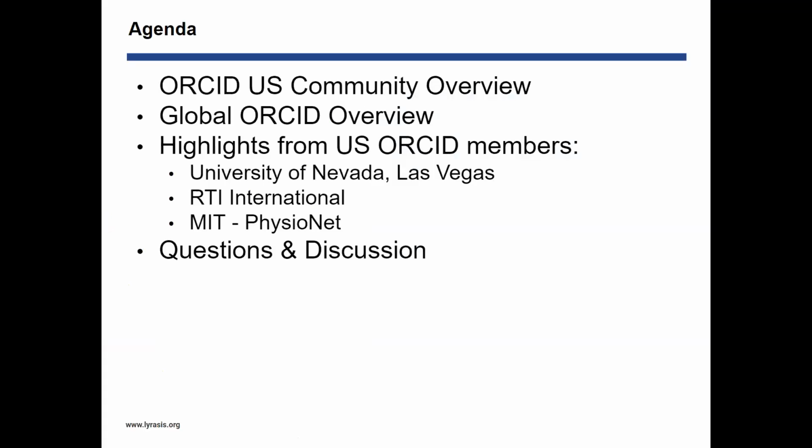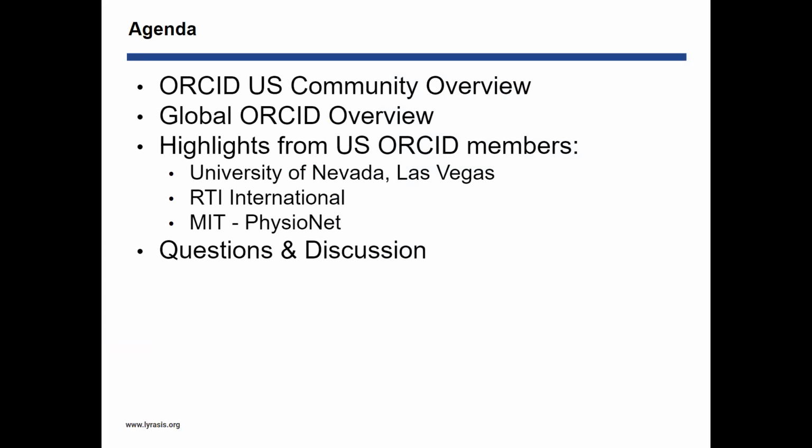So here's an agenda of what we're going to cover today. I'm going to start us off by giving a brief overview of ORCID and the ORCID US community. And then we'll hear from my colleague Paloma Araiza at ORCID with a brief global overview of ORCID adoption worldwide. And then we'll hear from our featured panelists, and they're each going to give a case study on how ORCID is being used at their organization.